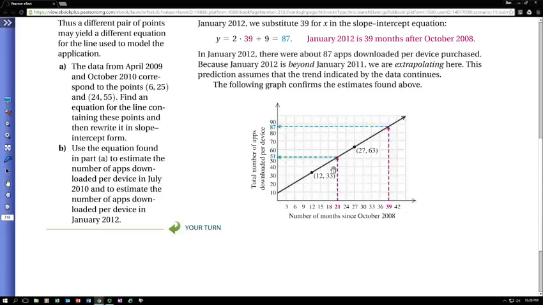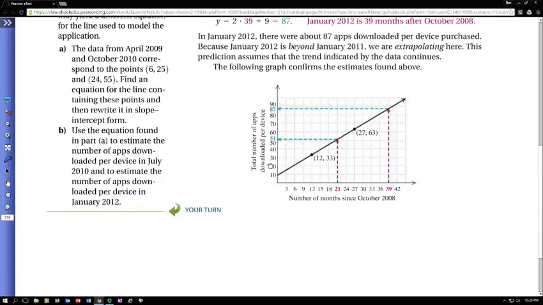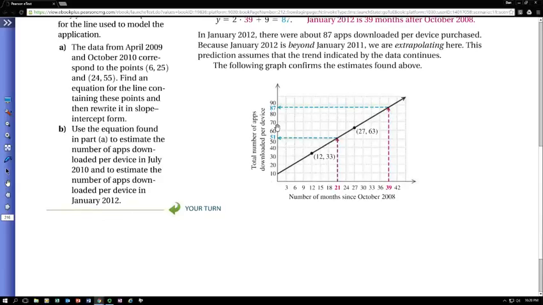Intra or inter means inside, extra means outside. Extrapolating, okay? That's why I mispronounced it. I went extrapolation, right? But extrapolating is how they say it.